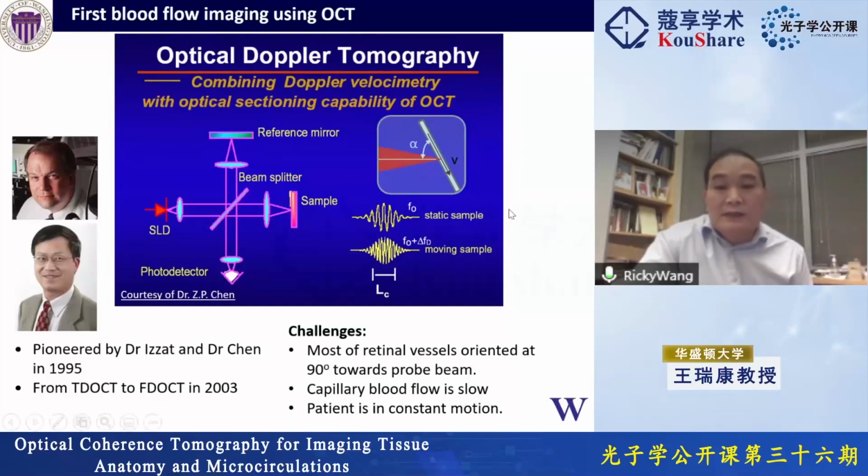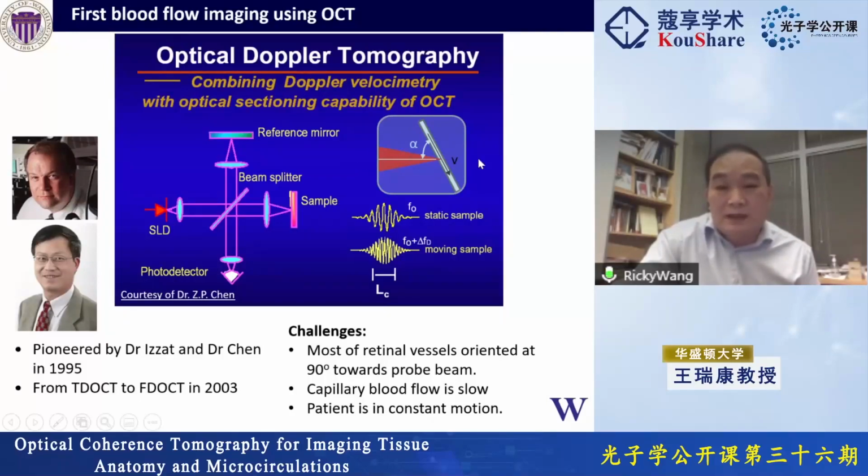Okay, so that's the first reason why, even though it is a very old and popular technique, it has not been clinically translated. Because if you want to use OCT to look at the blood flow in the human body, OCT is a reflection mode, right?